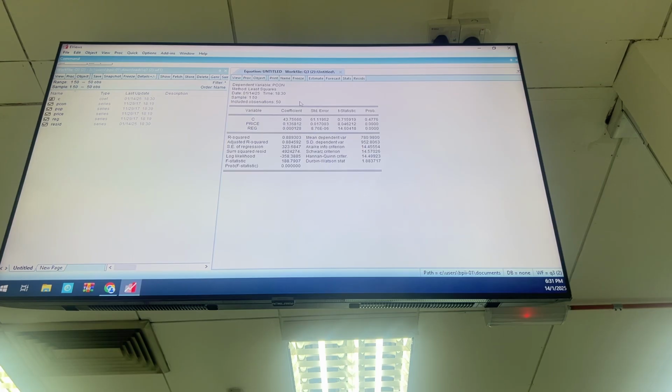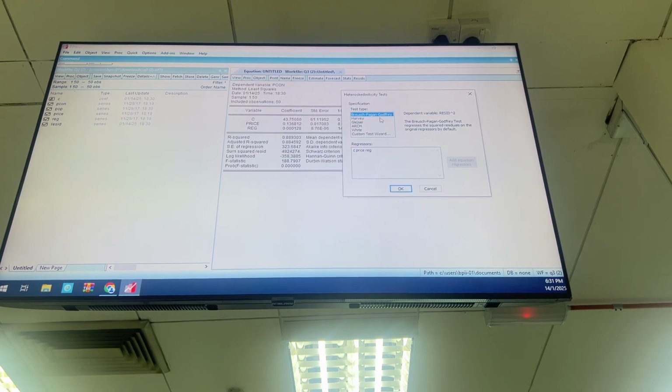Okay, now next, perform the Breusch-Pagan test. That is in lecture 6 on heteroscedasticity. We have different tests available to test for heteroscedasticity. The question asks about the Breusch-Pagan test. So you just go to View, Residual Diagnostics, Heteroskedasticity Tests.